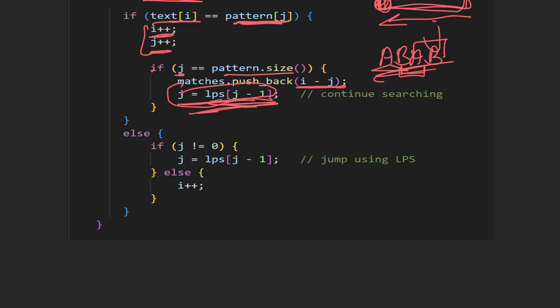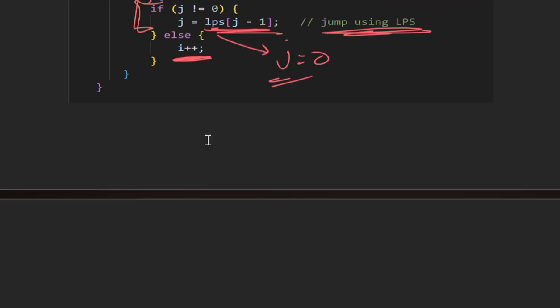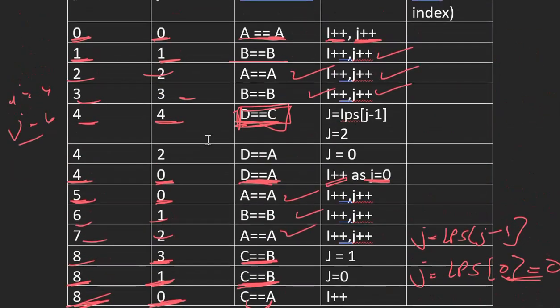If J is equal to 0, then we directly increment our I pointer. And if J is not equal to 0, then we'll use the previously matched characters using LPS of J minus 1, right? So I hope I'm able to explain how to make LPS, and then once we get the LPS, how to use that LPS to find all the occurrences of the pattern in the question.